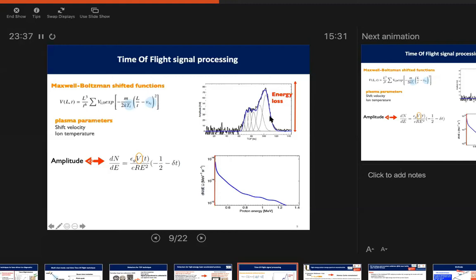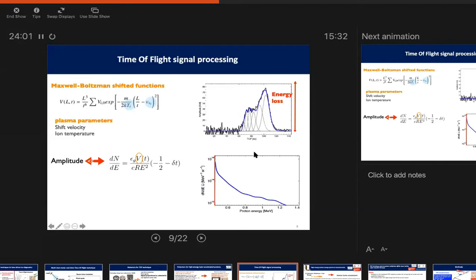So the most important parameter is the velocity, which is connected to the energy. Yes. But you change the temperature, for example, in different shots, because we have different energy on the target. Shot by shot. So the temperature is a fit parameter.